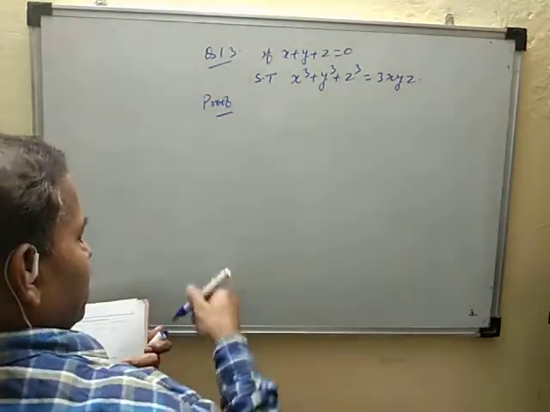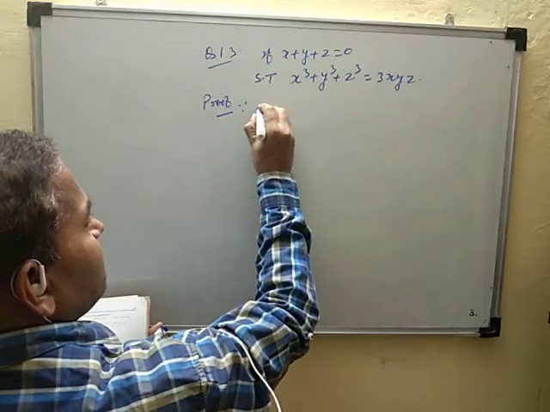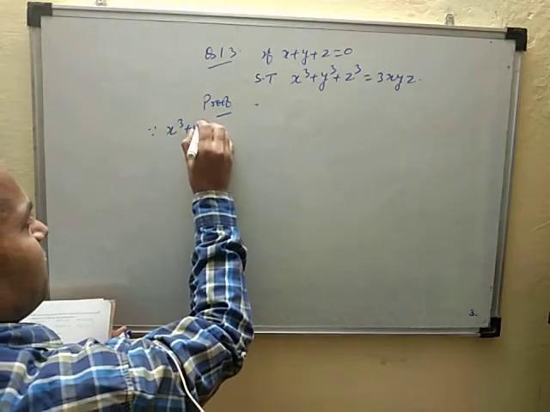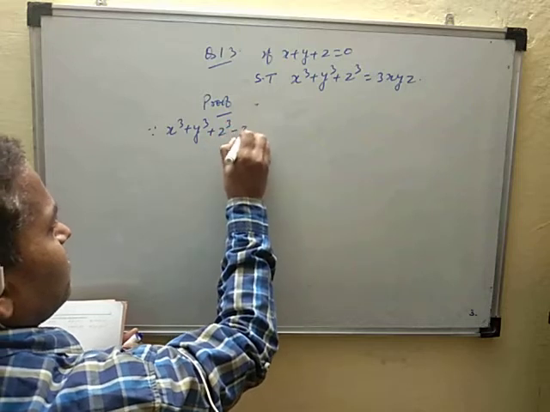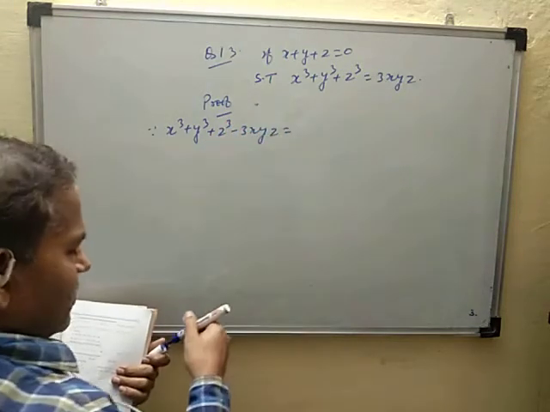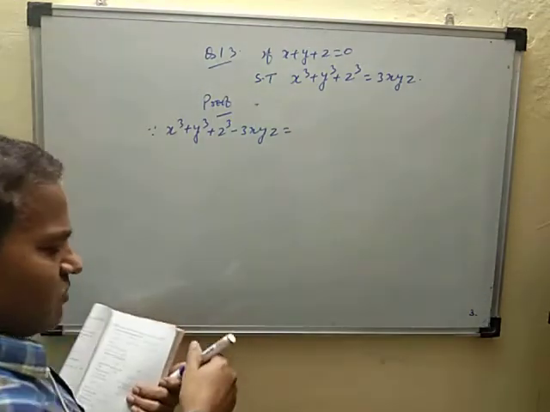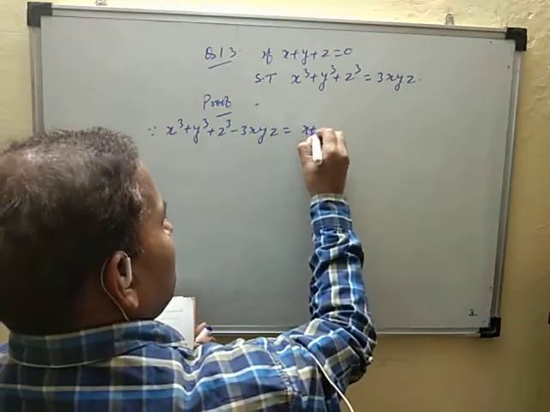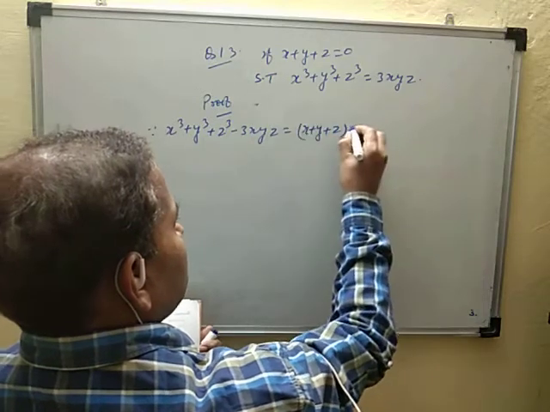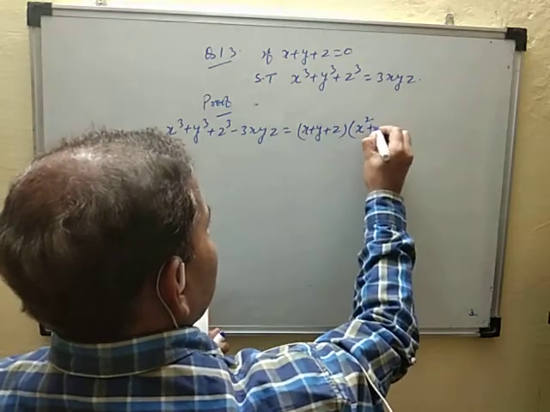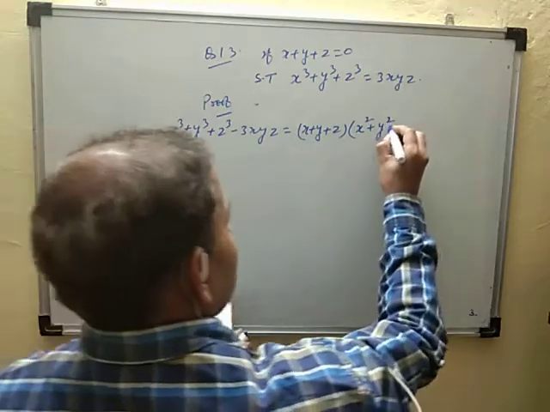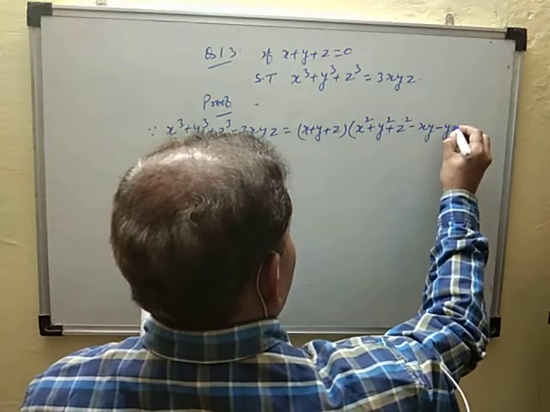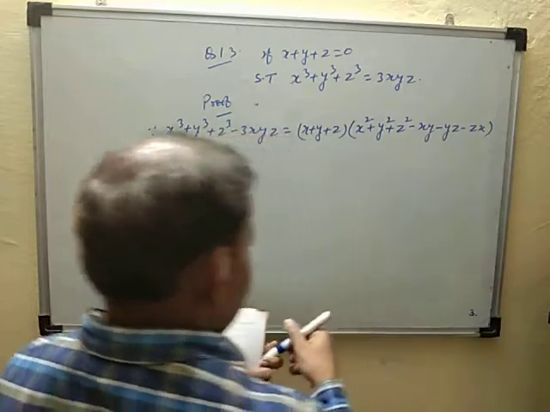So first use the identity. The identity is, for x cube plus y cube plus z cube minus 3xyz, what is the formula? The formula is x plus y plus z into x square plus y square plus z square minus xy minus yz minus zx.